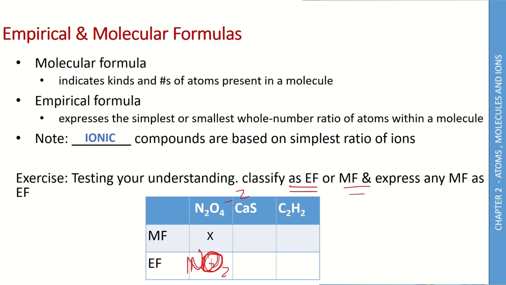NO2, because I'm going to divide this by 2 is 1, this by 2 is 2. This is empirical formula, and that one is molecular formula, but I can reduce that to empirical formula, right? And it would be CH, because I can divide both numbers by 2 as well.